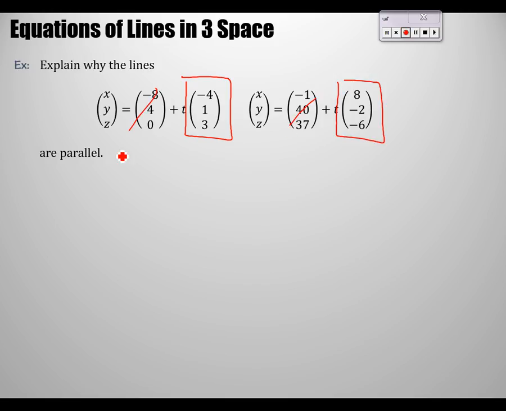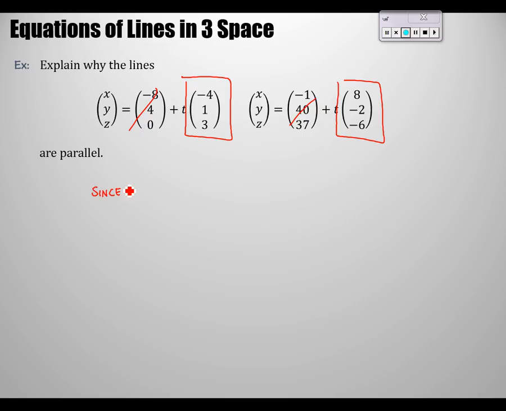The position vectors, who cares? The direction vectors are the critical piece, because if we move the line in space, who cares? The thing we care about is that the two direction vectors are parallel, and we know that because of what Stella just noticed, that they're scalar multiples. So I've said it, I'll try to write it.